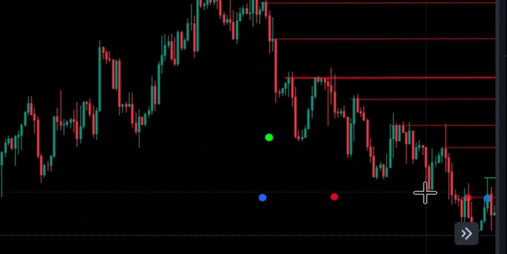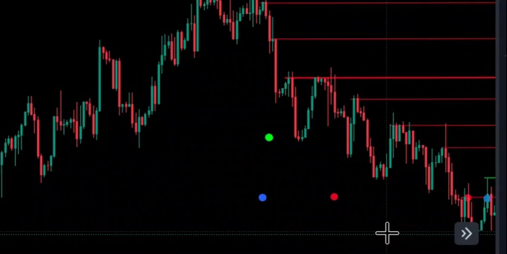What I'm saying is, what are you going to do in your MT5 account when price comes back above that red line? You gonna go short or long? Long. Exactly.